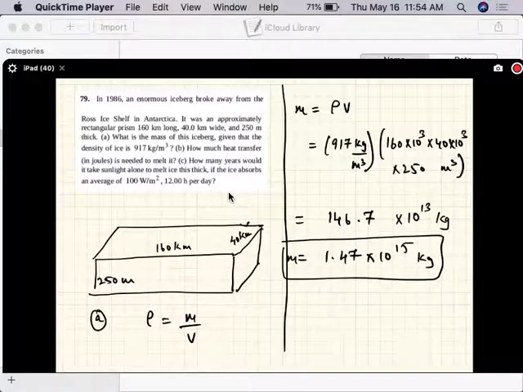So the mass of this ice shelf is 1.5 times 10 to the 15 kgs.